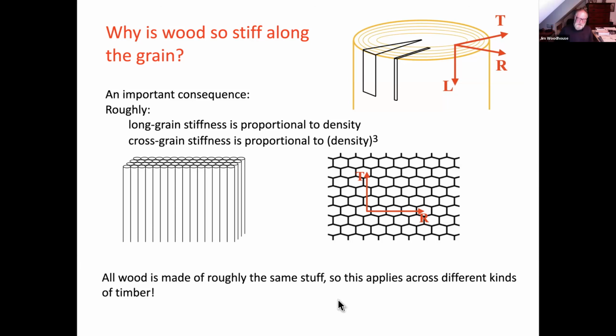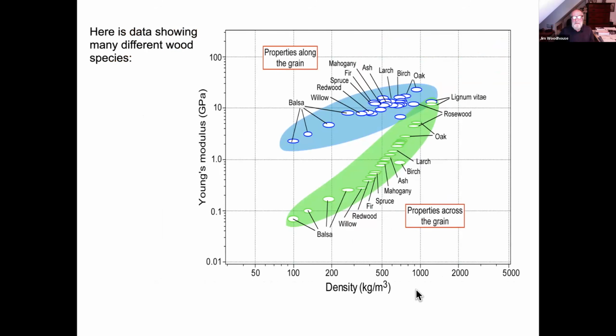And because all wood is made of roughly the same stuff, in a broad brush sense, this applies across every different kind of timber. Unlikely, but true. Here's some data. I'll come back to this plot a little later on, but this is a plot of density along the bottom on a logarithmic scale for technical reasons, and Young's modulus up here, again on a logarithmic scale.